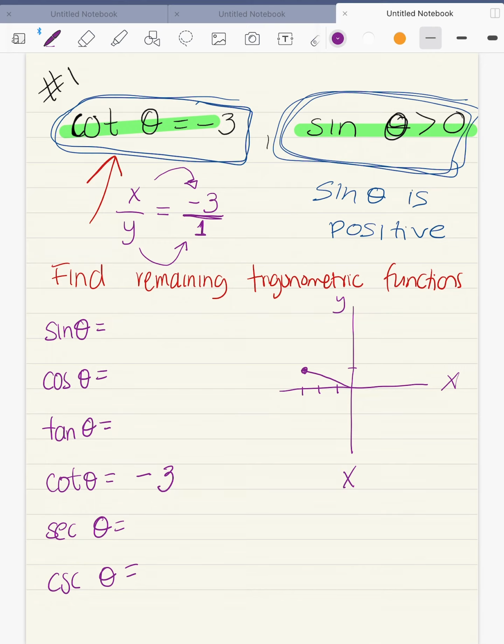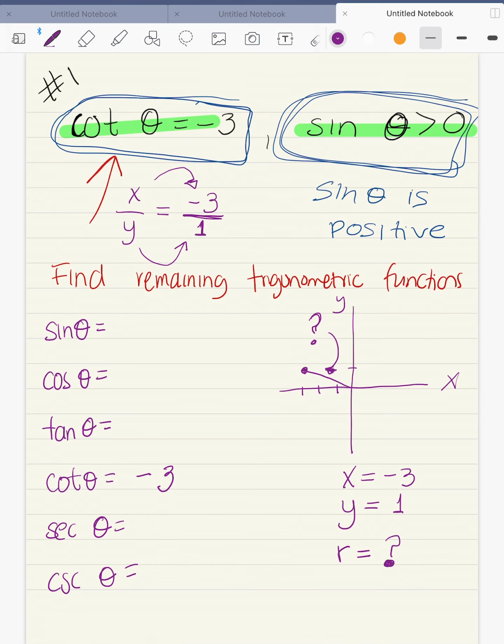So I know that x equals -3, y equals 1. But what about the radius? We don't know what the radius of the circle is. We don't know the hypotenuse. We don't know that side. So we need to find that side.